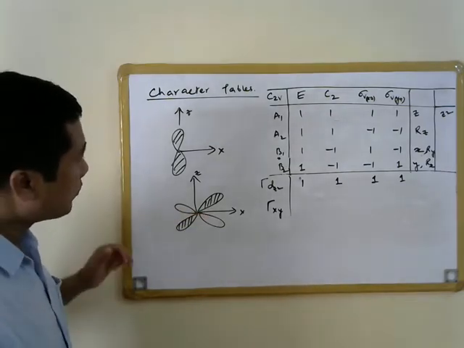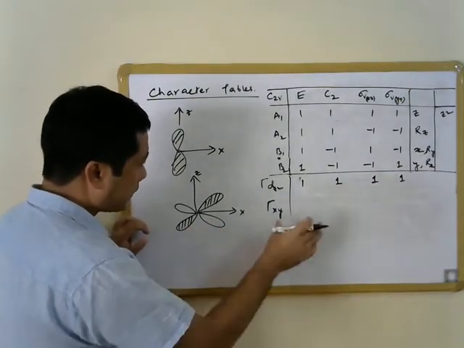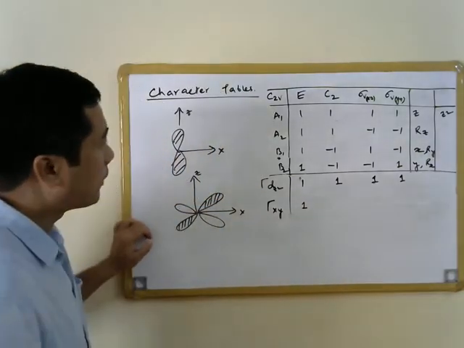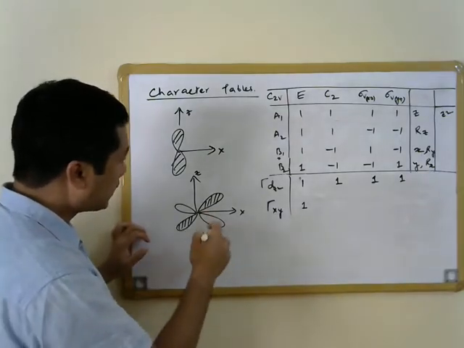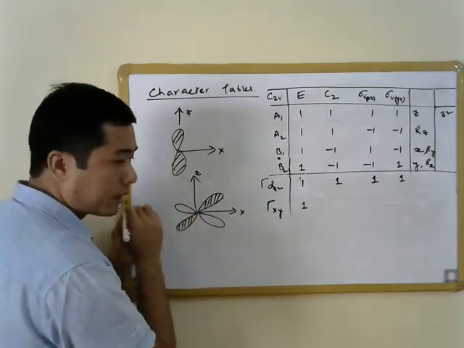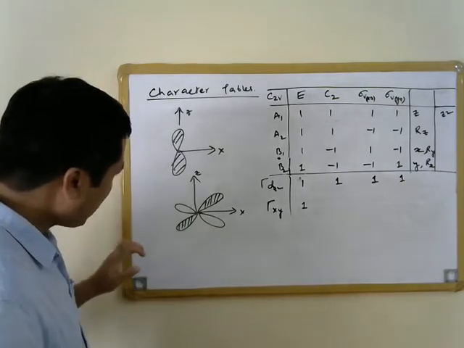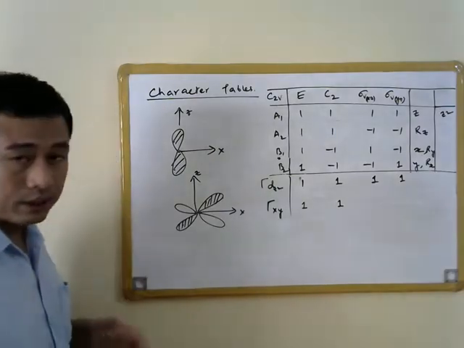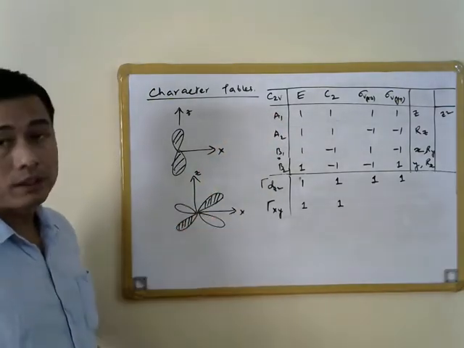So when we take the dxy orbital as the basis, let's find the representation. Identity is plus 1 here, and when we do the C2 operation, we rotate it by 180 degrees. This lobe will reach over here, and this one will reach over here, because they are exactly opposite to each other. So this is also equal to plus 1, because the symmetry of the lobes does not change under the C2 operation.